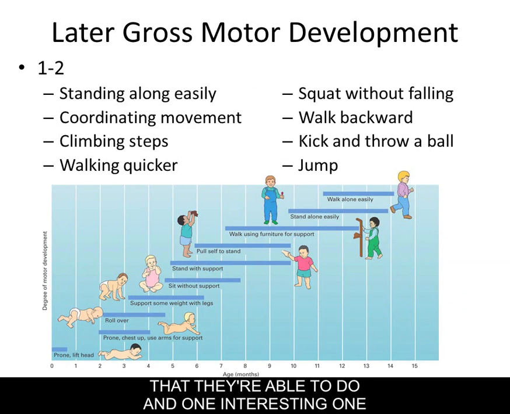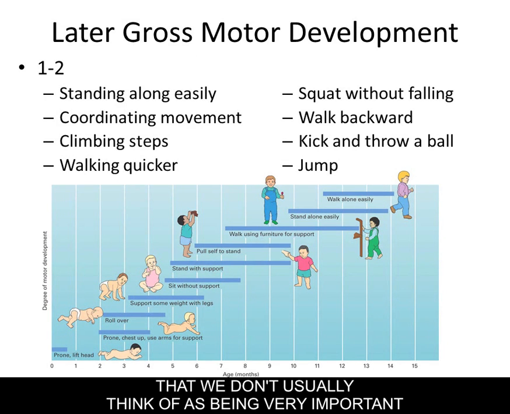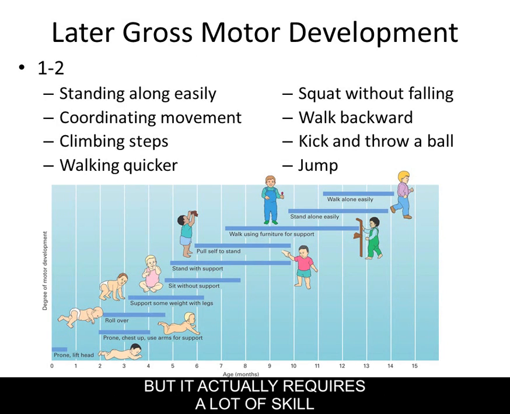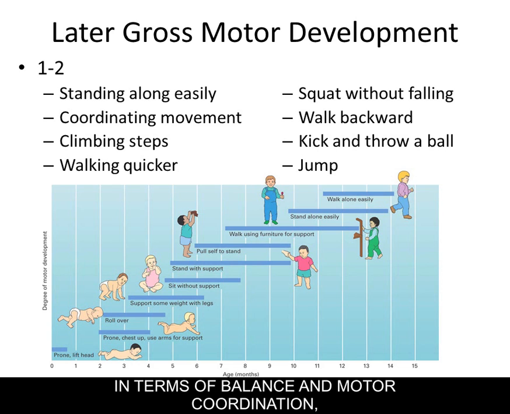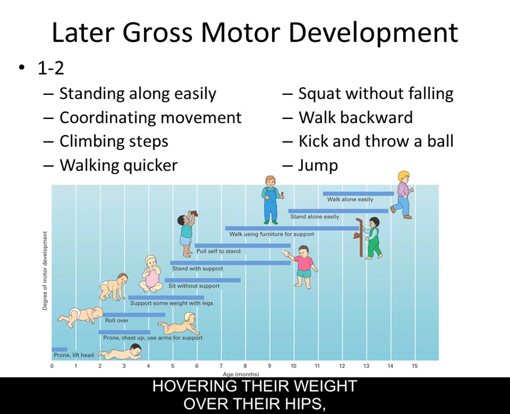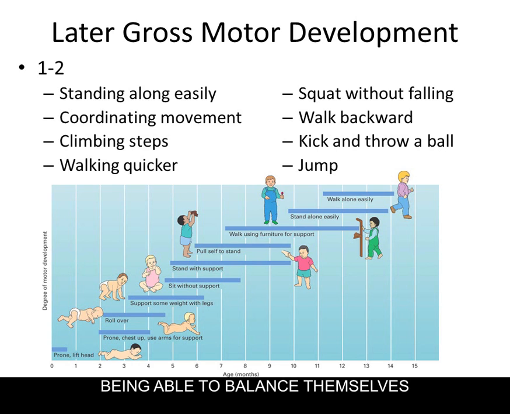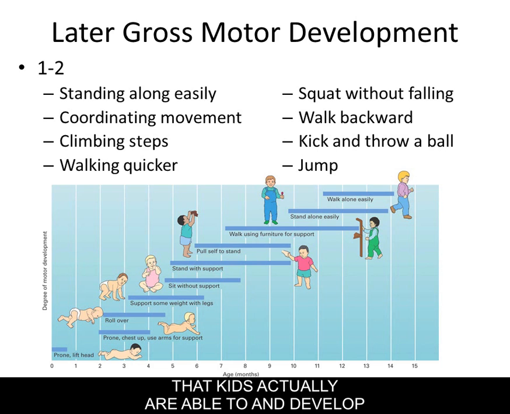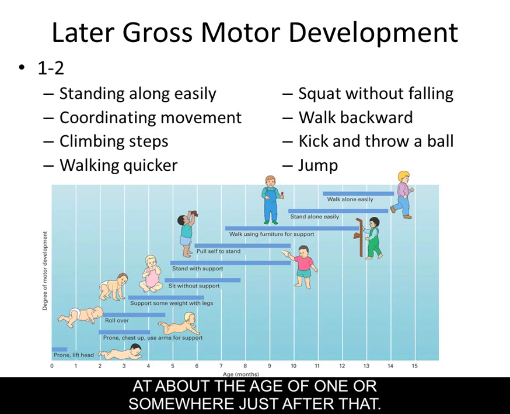And one interesting one that we don't usually think of as being very important, but it actually requires a lot of skill in terms of balance and motor coordination, is a child's ability to squat without falling. Hovering their weight over their hips, being able to balance themselves out, is actually a very intricate system. This is one of the processes that kids actually are able to do and develop at about the age of 1 or somewhere just after that.